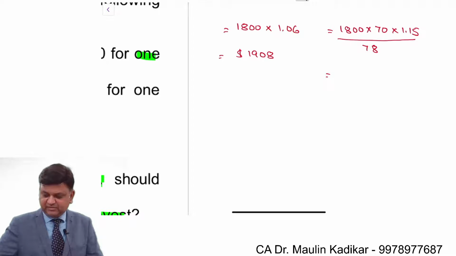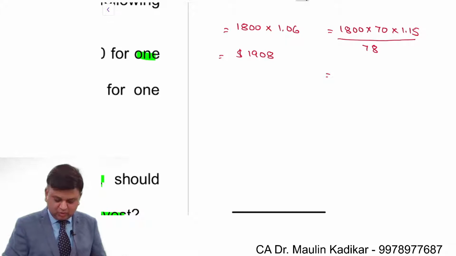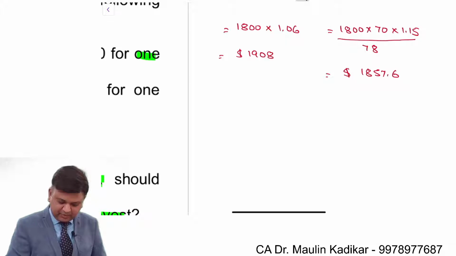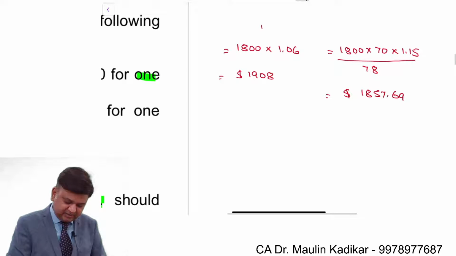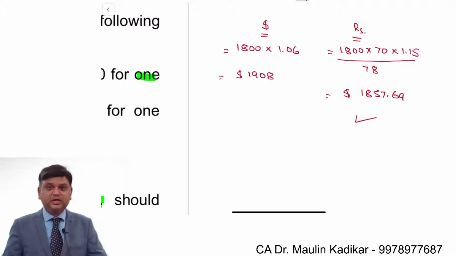So 1800 into 70 into 1.15 divided by 78. So it comes to 1857.69. This is the repayment if at all you borrow in dollar currency, and this is the repayment if at all you borrow in rupee currency. So you should again borrow in rupee currency only.